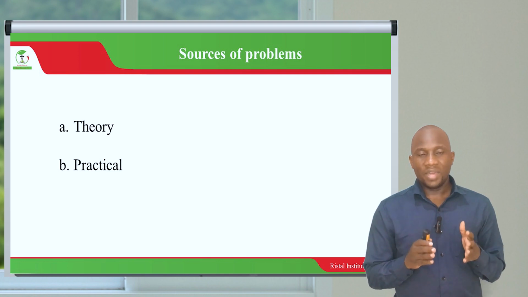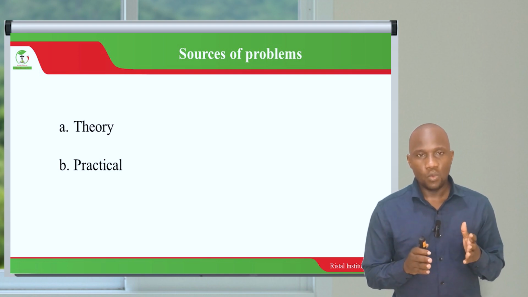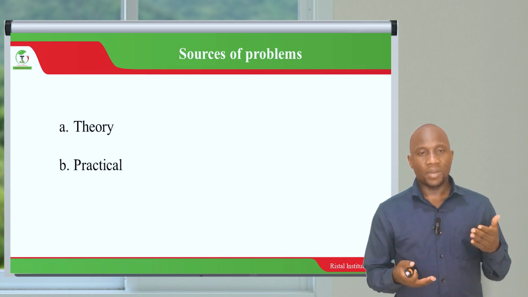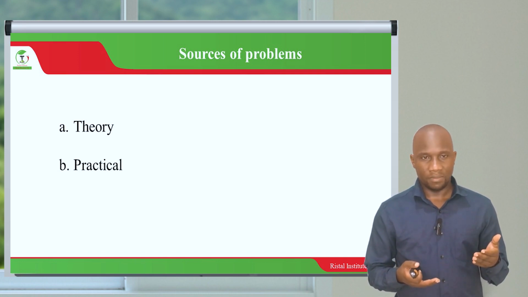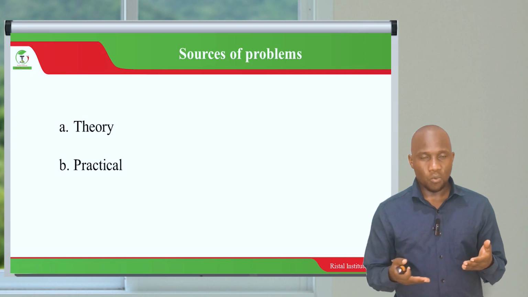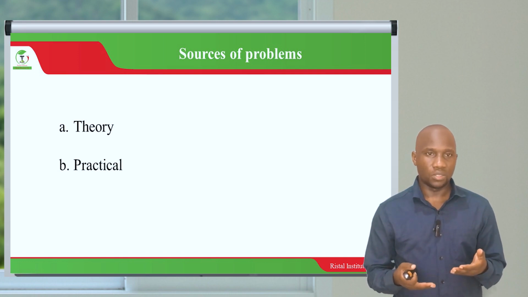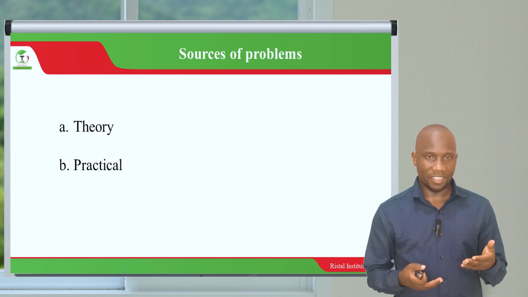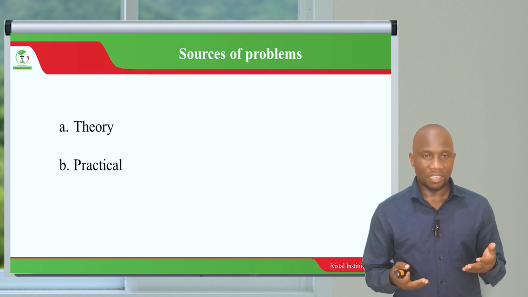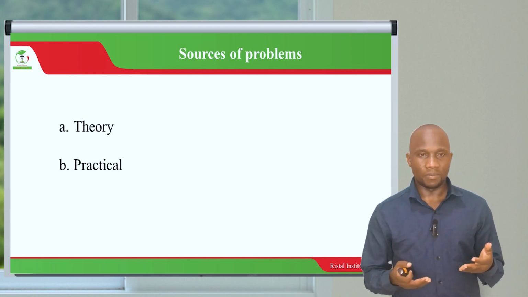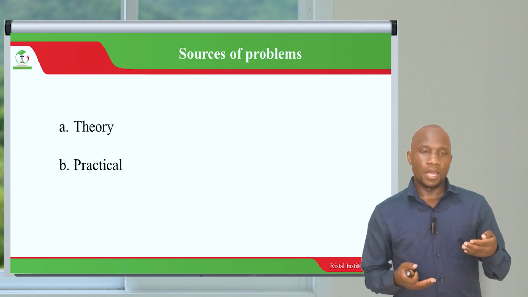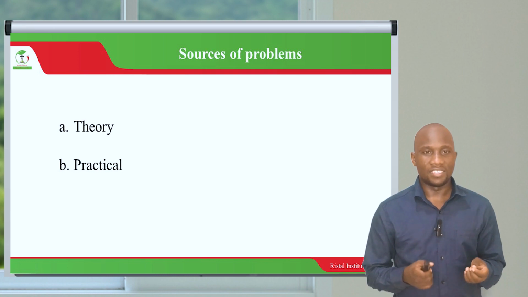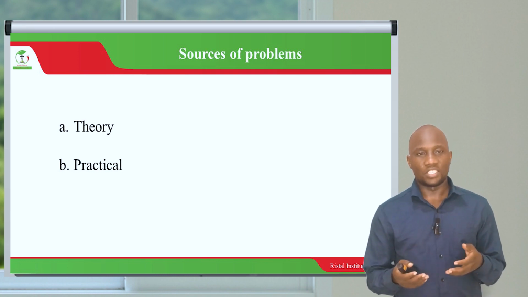So, in summary, therefore, we can get research problems from the practical environment where we practice as health professionals, or from what we read in the different textbooks. We use research to link the two, that is the theory and the practical.